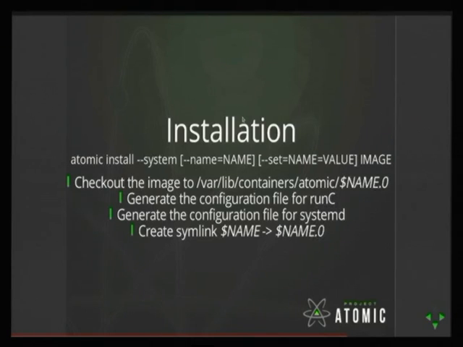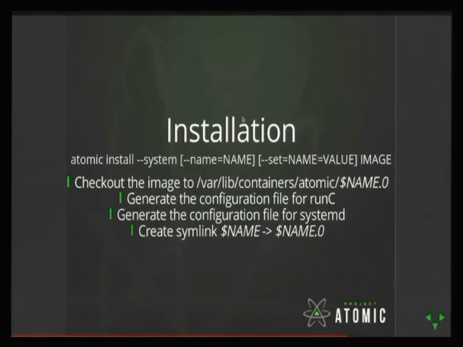Well, here I described the steps, but this is what I was introducing before. This is a concept we copied from Atomic Host. As you can see, we created the checkout in a directory with .0 at the end.